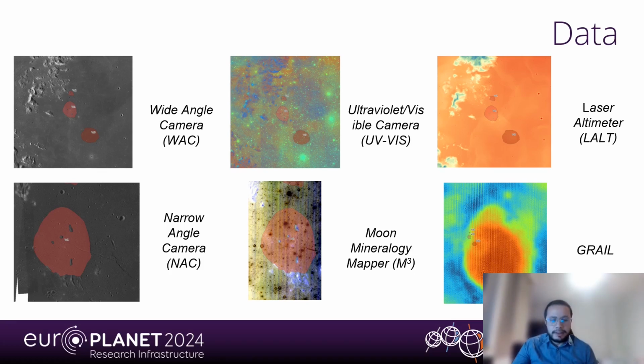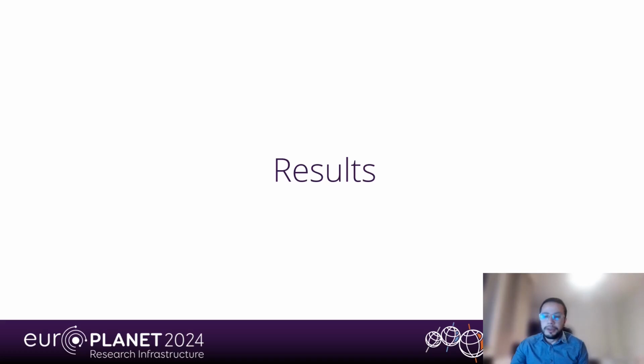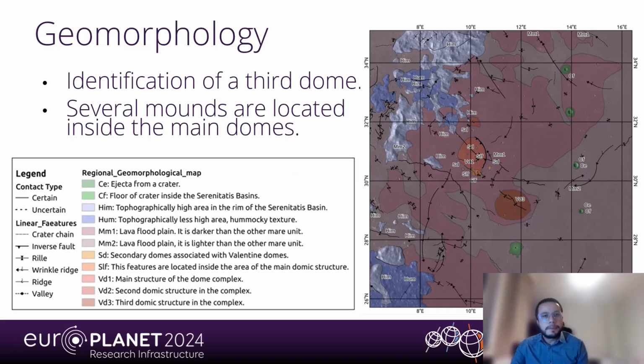We also have another type of data: the laser altimeter, a product that can generate a DEM, a digital elevation model. And we also use the GRAIL data to get a view of what is happening inside the surface. We can proceed with the results of our investigation.